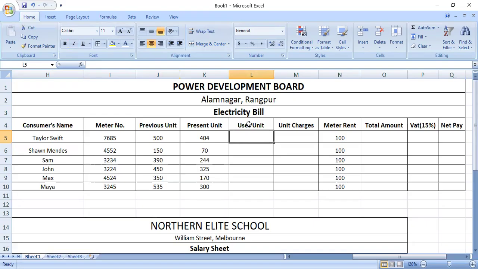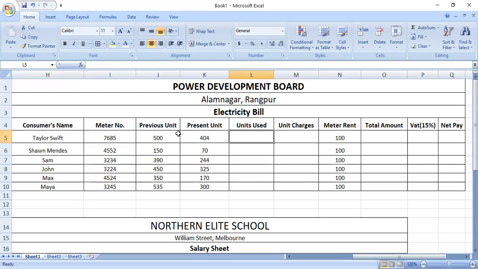Now what you need to find is the user's unit, which we can write as units used. This doesn't sound good. Units used. Okay, better. So what we need to do here is to find the number of units used.